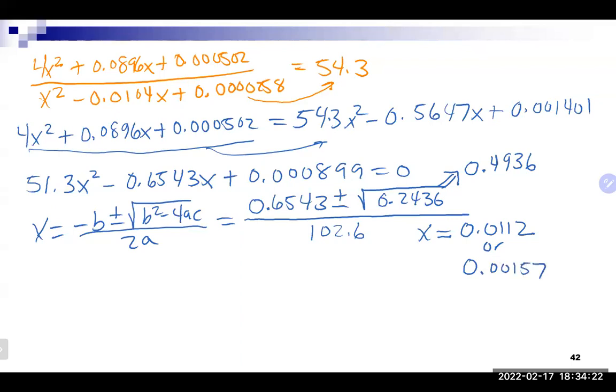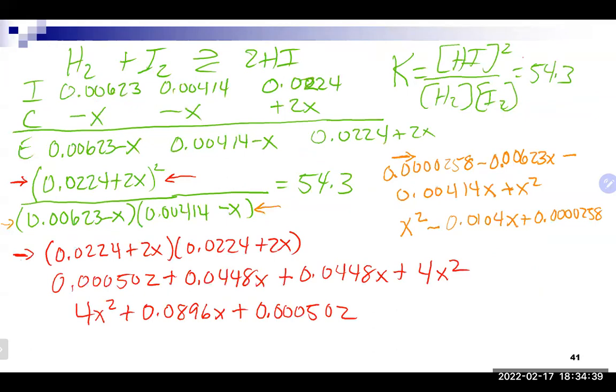Any questions up to there? By the way, in case you're curious, I did it by hand myself. All right. So one of these answers will not make sense. In this case, they are both positive. So if we go back to our table, we do see that our values here for minus x are 0.004 or 0.006, which means 0.01 is too large.